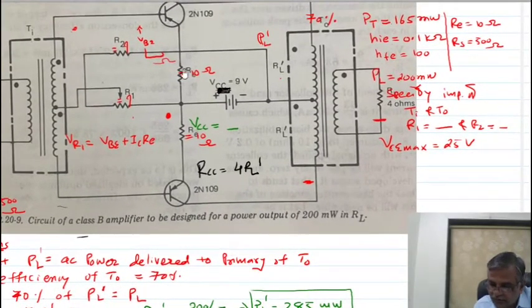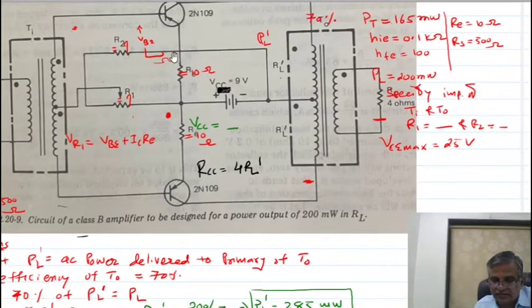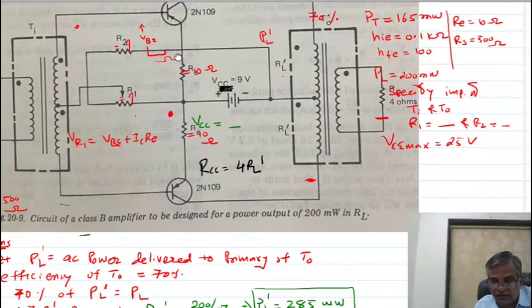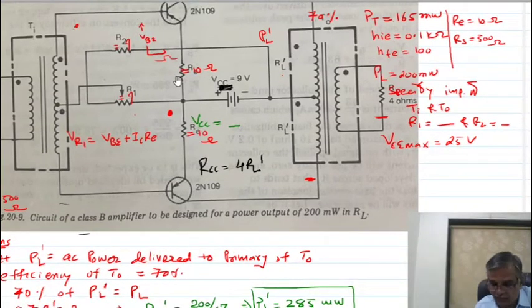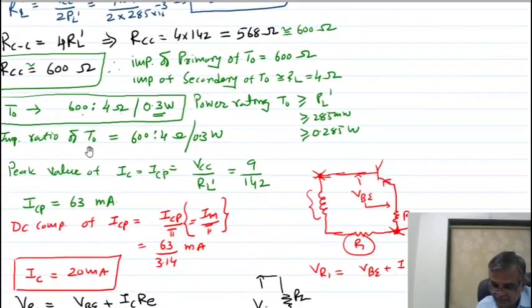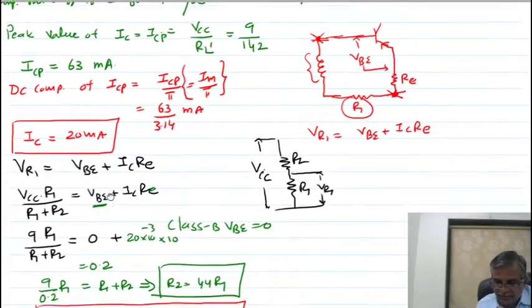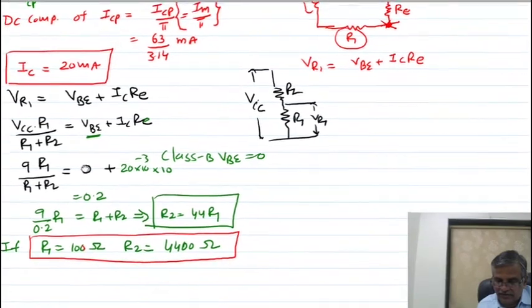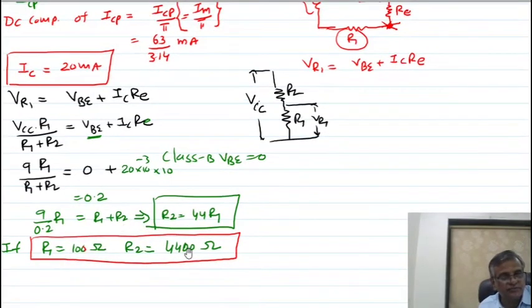This 0.2 voltage plus VB is equal to voltage across R1. So that I did. Then VR1 is a very simple equation. From this you can find this value.